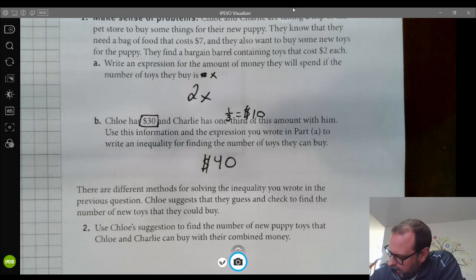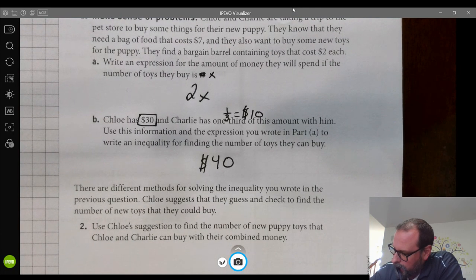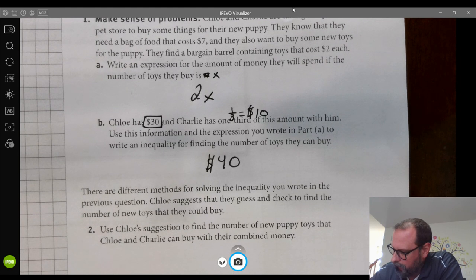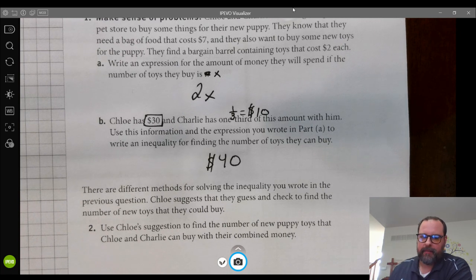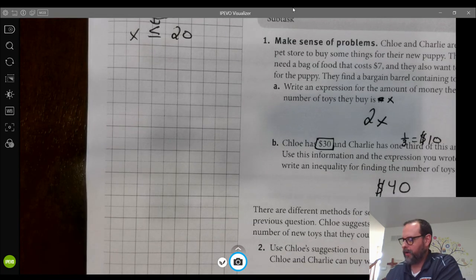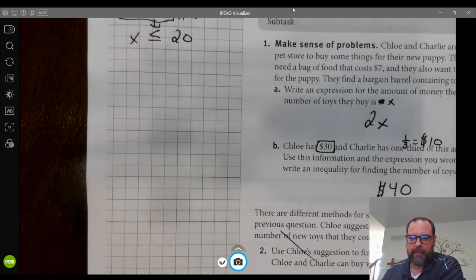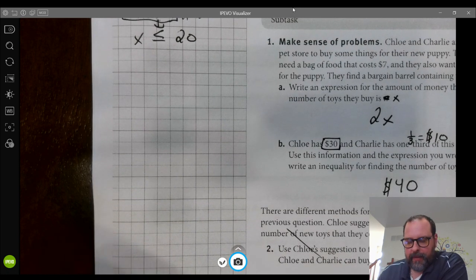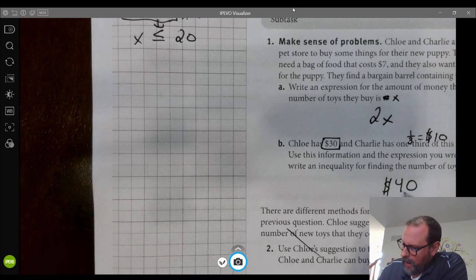Now, they're buying toys and they also know they need a new bag of food. So when they're looking at how much they need to spend, I'm going to go to the side and I'm not going to worry about 2 or 3 different methods of looking how to find it. If I want to write myself an inequality for it, I know that I have at most $40.